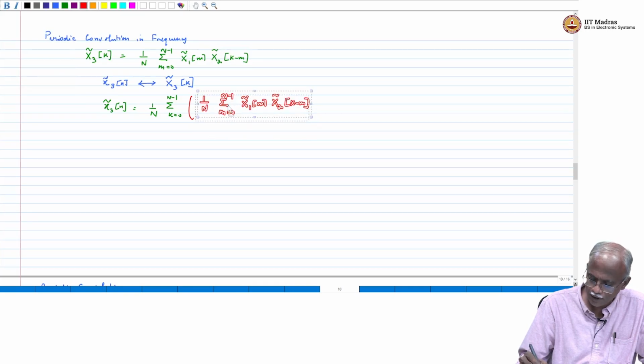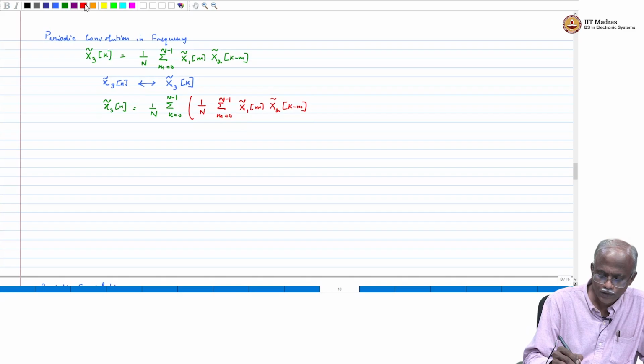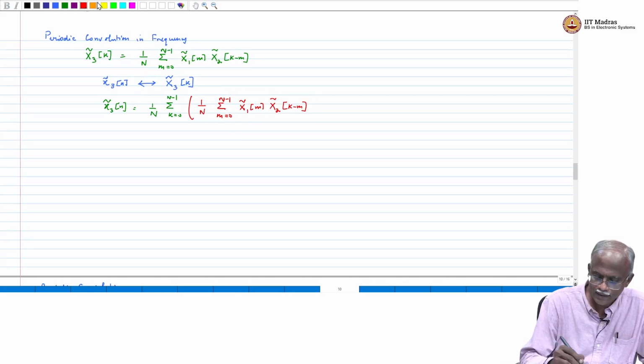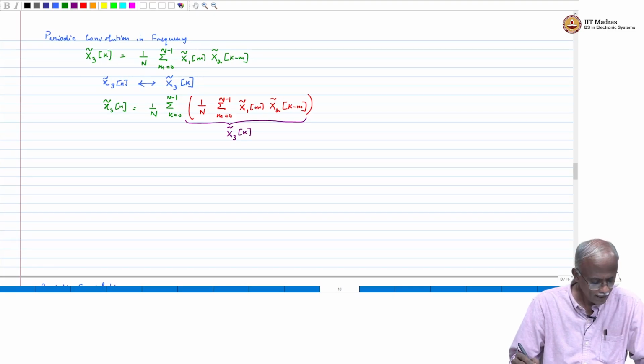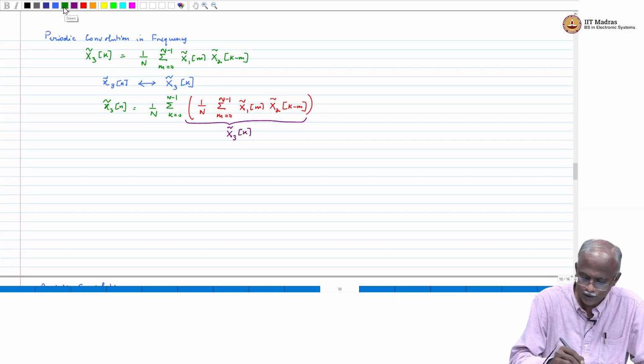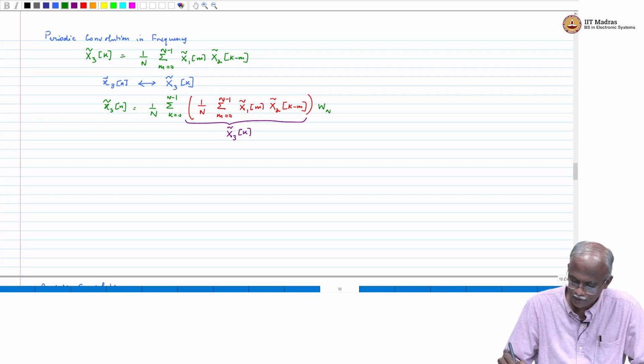So we have brought in the term for x3. What is within this red bracket is x3 tilde of k, multiplied by the complex exponential W subscript N minus kn.